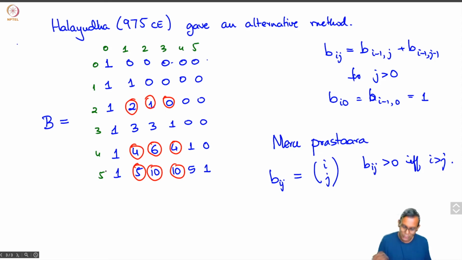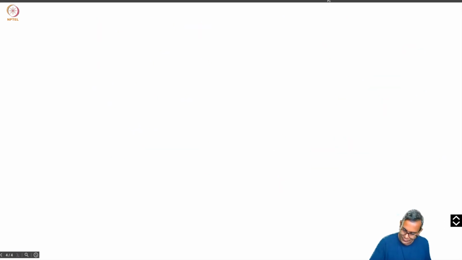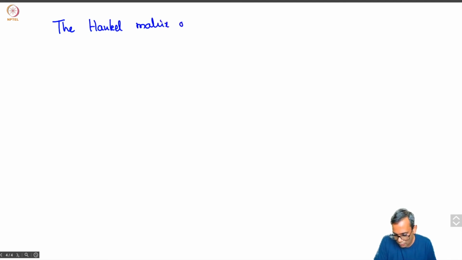Let me just introduce one more array, and this is what is known as a Hankel matrix. So the Hankel matrix of Catalan numbers. We've met the Catalan numbers several times before in this course, and now we just arrange them into a matrix.